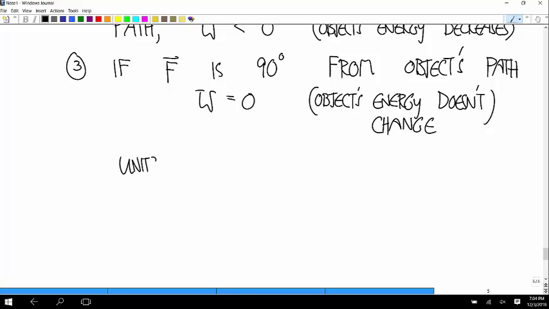Let's talk about units here. So this is units of work and any other kind of energy. Work is a change in energy, so it has the same units as energy.